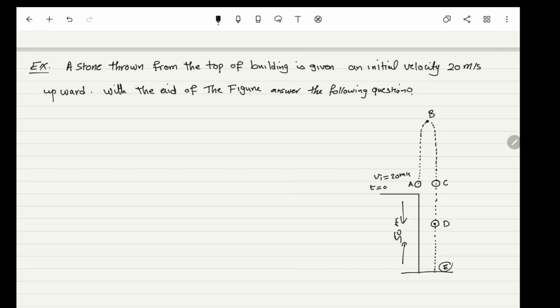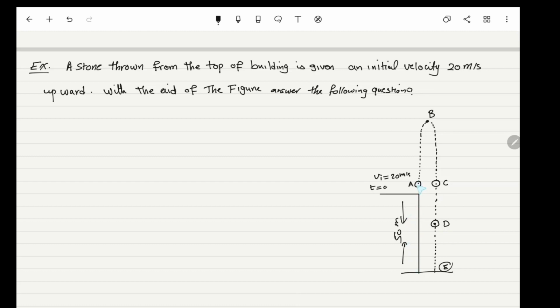Now let's have this comprehensive example. A stone thrown from the top of a building is given an initial velocity of 20 meters per second upward. With the aid of the figure, let's answer the following questions. Just before starting, let's understand this figure. This is the building, and the height of the building is 50 meters.